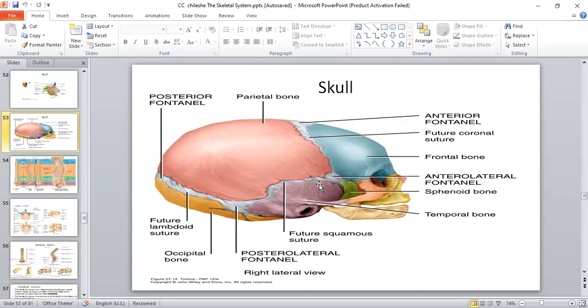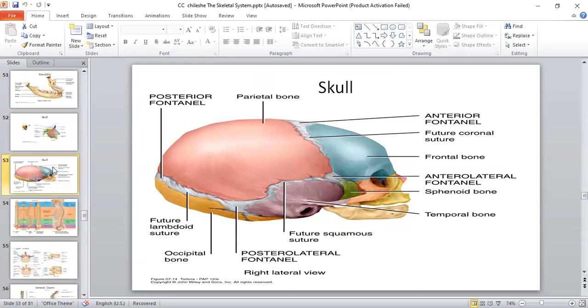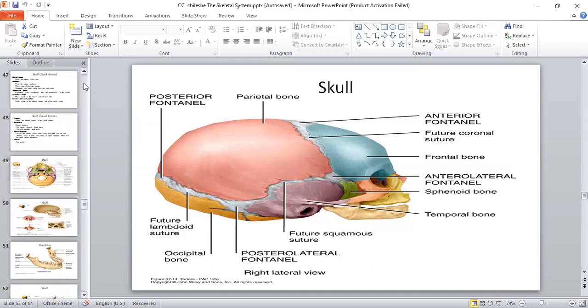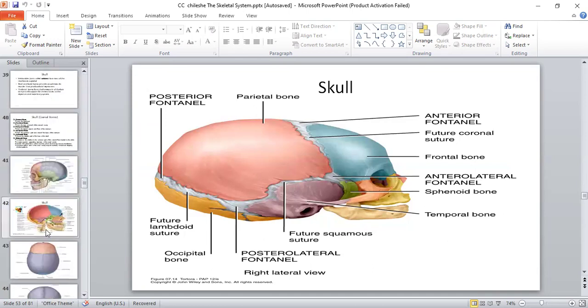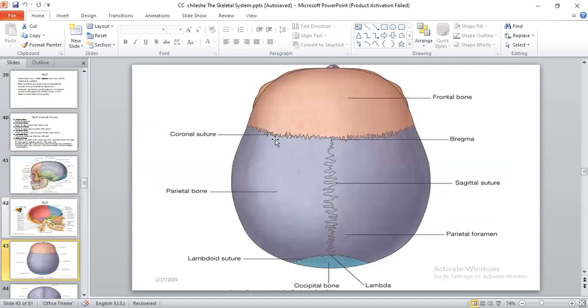We have several sutures in the skull. Some of the major sutures include the suture that joins the frontal bone to the two parietal bones. This frontal bone is the anterior aspect of this human being; you can see there is a nose.